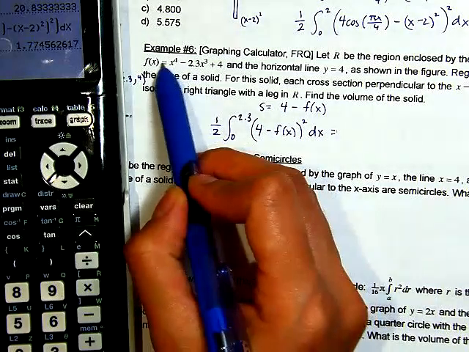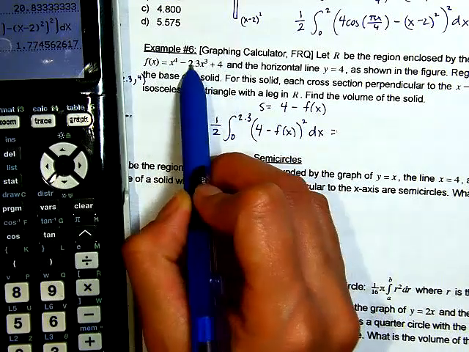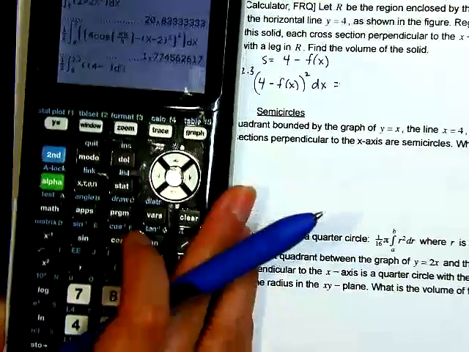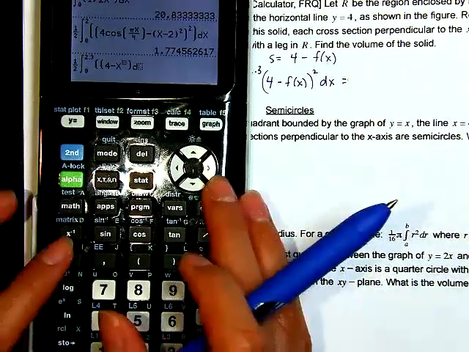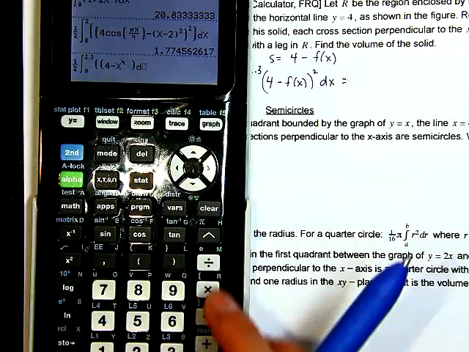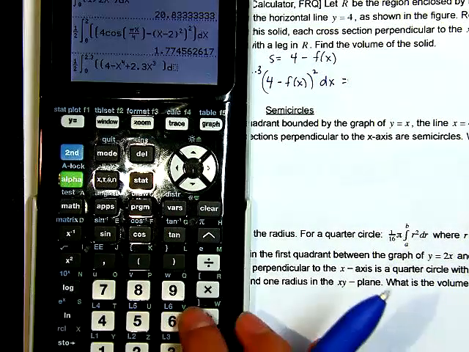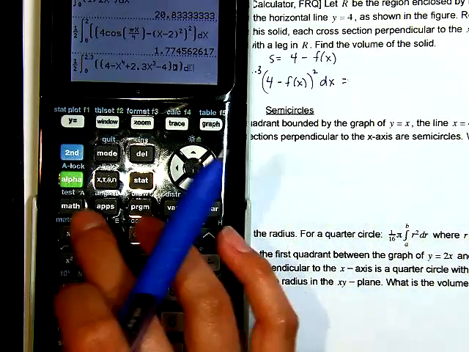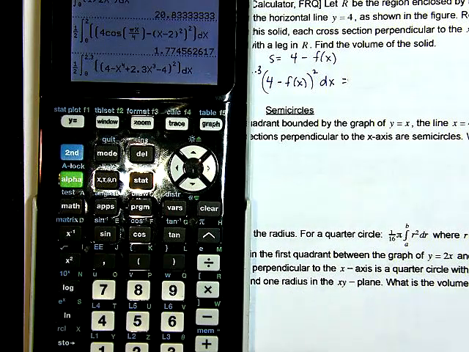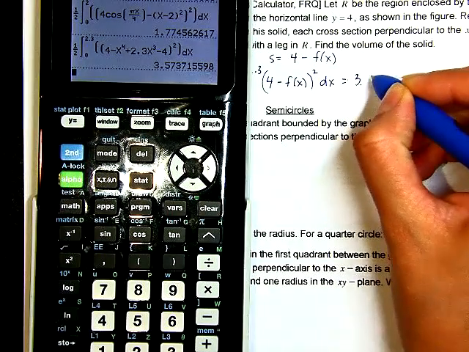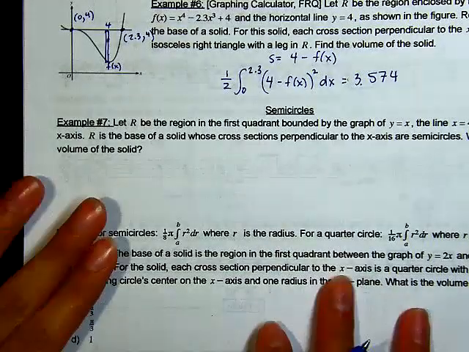So imagine putting a subtraction symbol and parentheses around all that. You need to distribute the negative over, so it's going to change the sign of everything. So we're going to have a minus x to the 4th, a positive 2.3x to the 3rd, and a minus 4. .574 if you round.